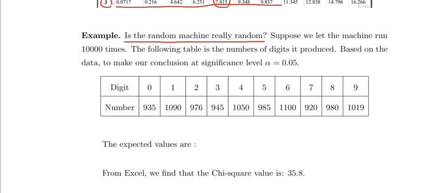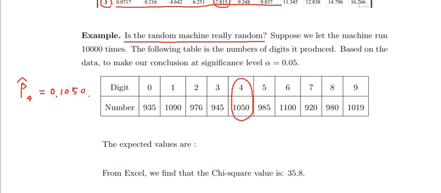Suppose I just consider the percentage for getting digit 4. The percentage from the data seems to be 10.50, right?